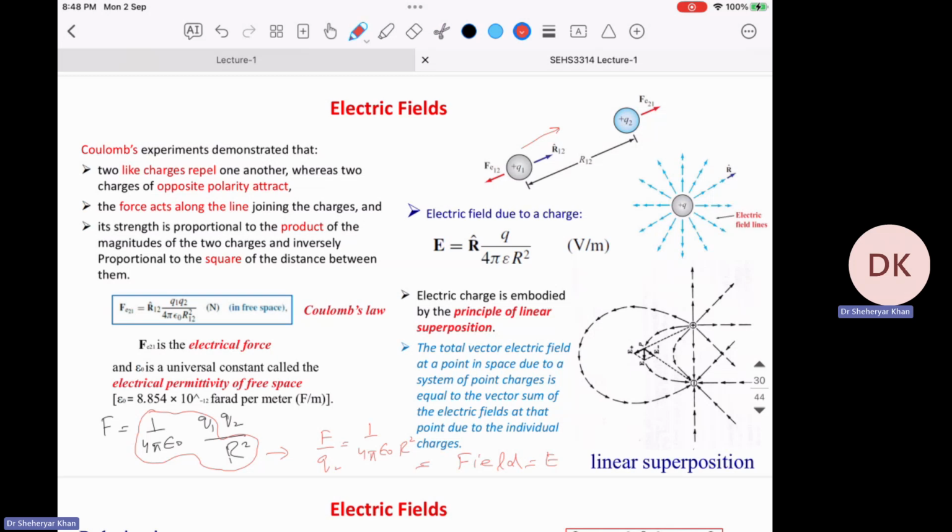Of course these lines will change when you have multiple charges, but for simplicity we can only consider two charges, right? If you have more than two charges, three charges, four charges, then you can use vector algebra to solve the position. In some direction it will add, in some direction it will subtract, and then you have a resultant direction, right? So here is the principle finally represented.